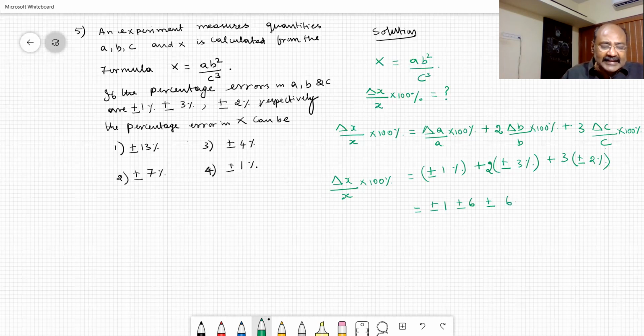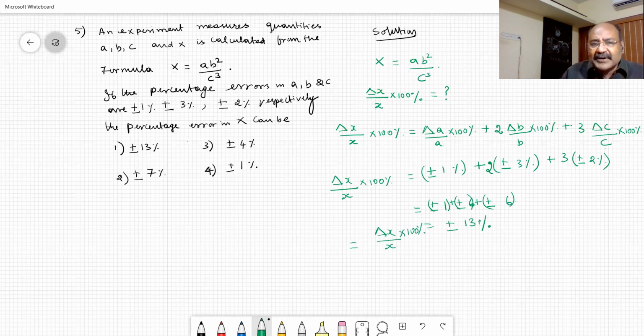So the resultant answer is plus or minus 13. So plus or minus 13% is the answer, which is delta X divided by X into 100%.